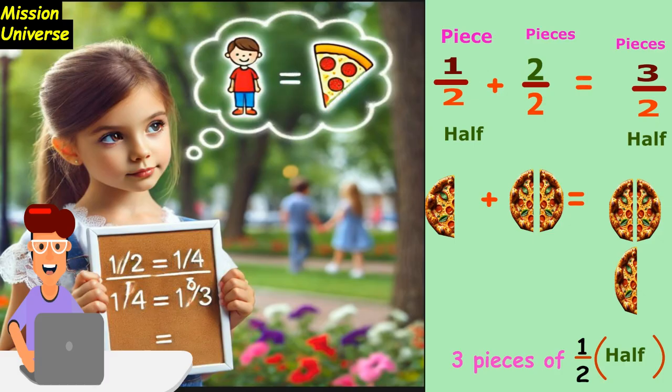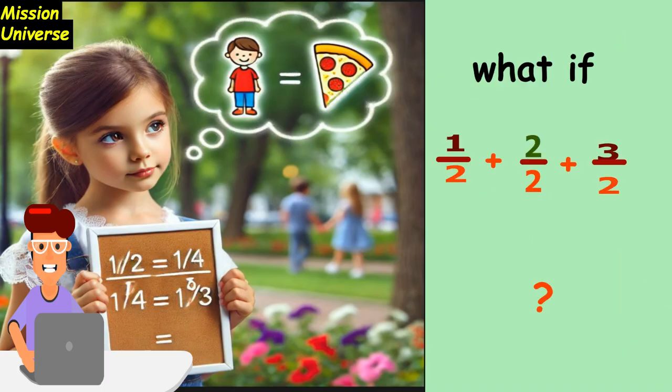You can see 1 half piece plus 2 half pieces are being added and it equals 3 half pieces of pizza. So 1 upon 2 plus 2 upon 2 is equal to 3 upon 2.